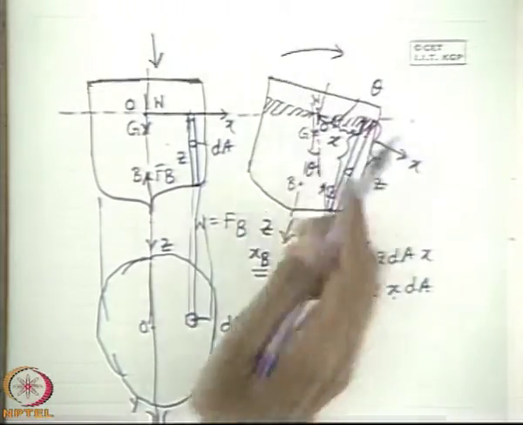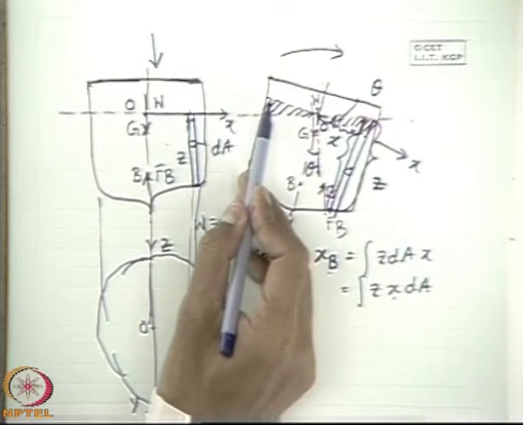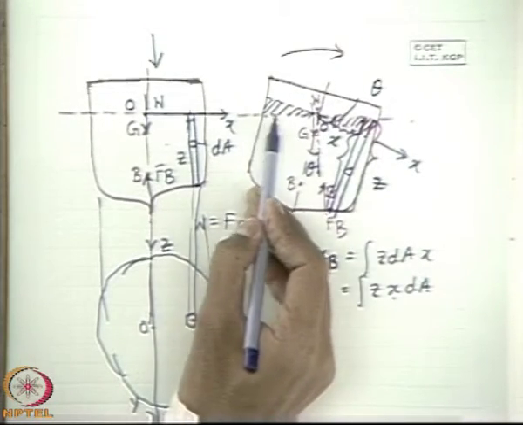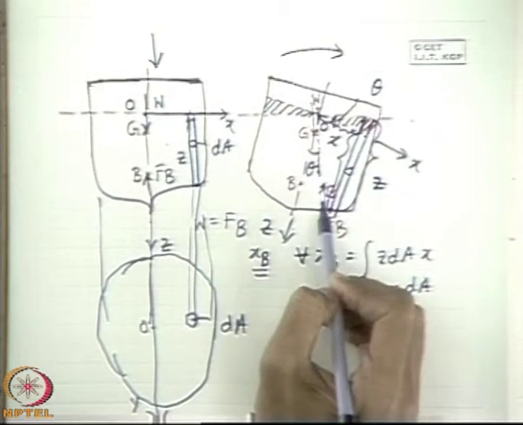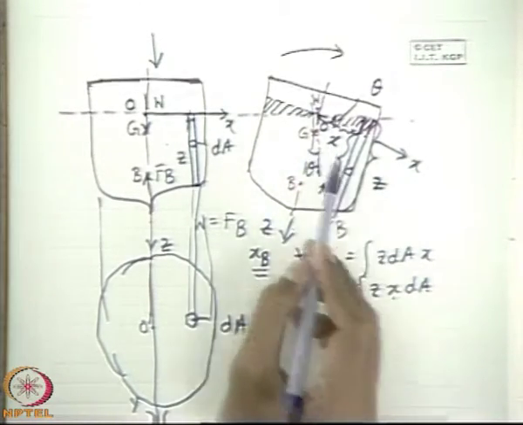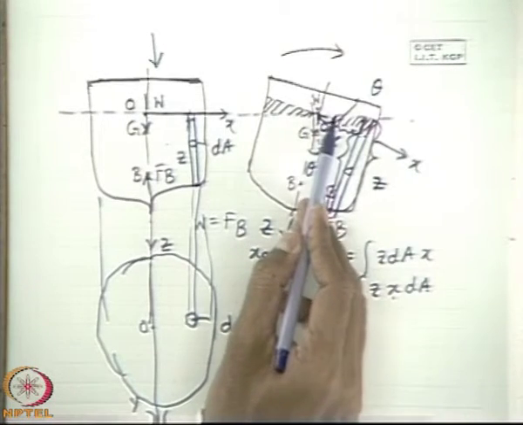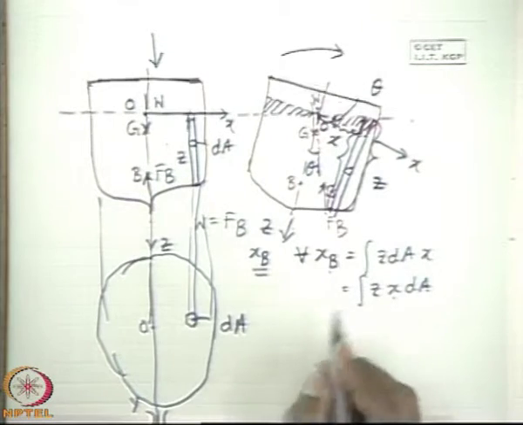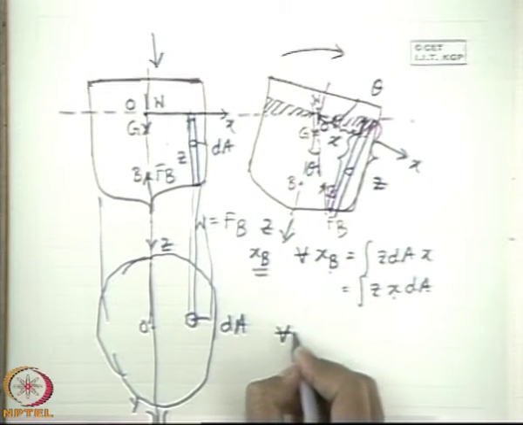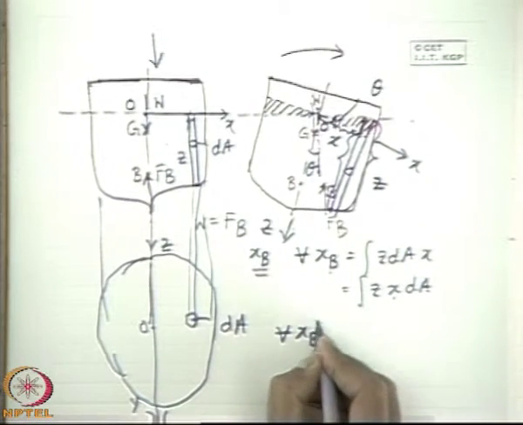So theta is the angular heel, that means theta is the angle between the old plane of flotation and the new plane of flotation, or between the old vertical line and the new vertical line. So this is the theta. Therefore if this is X and this is theta, so this extra part is X tan theta.